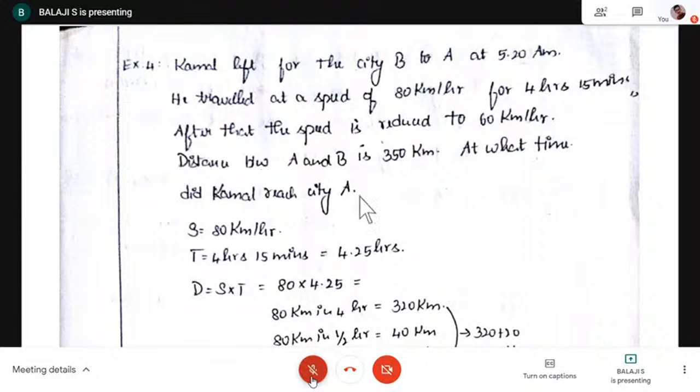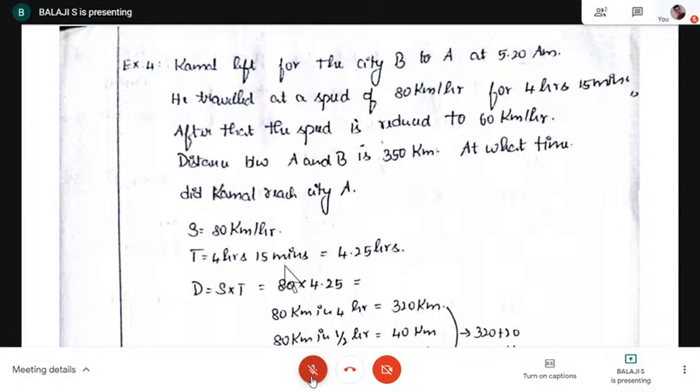First you must know what the given data is. Kamal left city B for A at 5:20 a.m., early morning. He traveled at a speed of 80 km per hour, for 4 hours 15 minutes. The 15 minutes can be converted into 0.25 hours, so 4.25 hours.